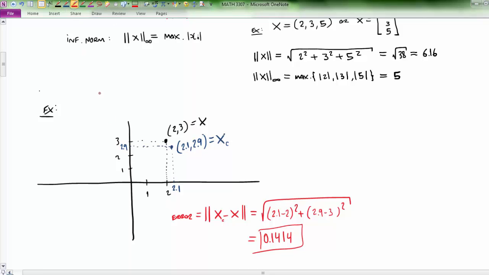So the absolute error, well, we don't call absolute error because we don't use absolute values anymore. It's simply error. The error, it's the norm of the difference of these two vectors. So we subtract these two vectors, so 2.1 minus 2, and then we square that. 2.9 minus 3, we square that. That gives us this value.